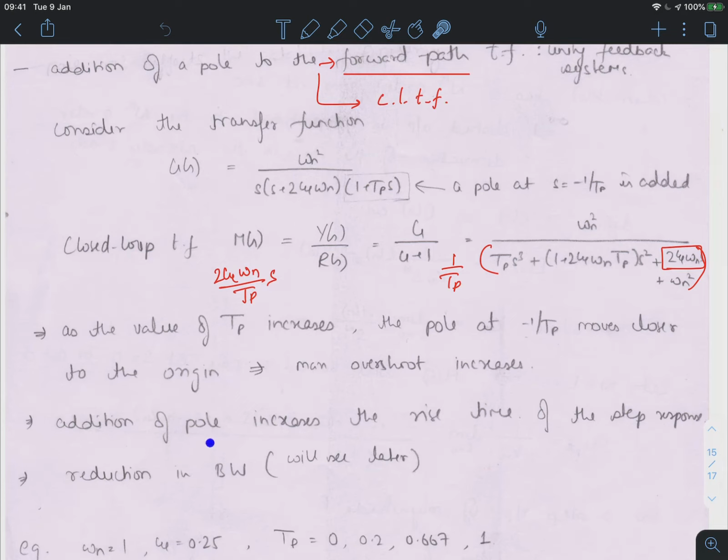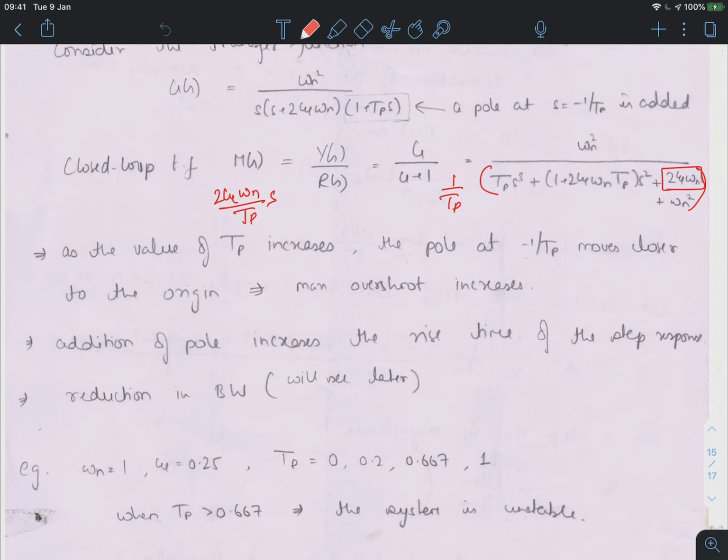Now the addition of the pole would increase the rise time of the step response. This is the nominal behavior. Why? If you see this transfer function once again, I can write it as some a times some second order polynomial and some first order polynomial, because this is a third degree polynomial.